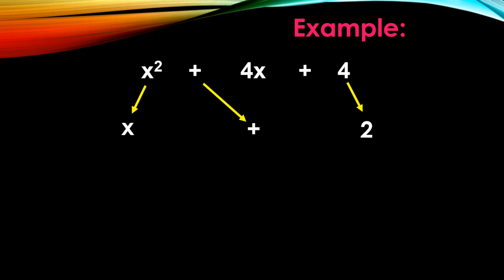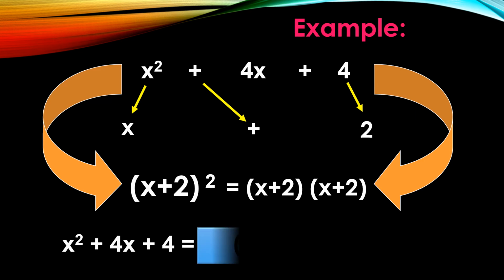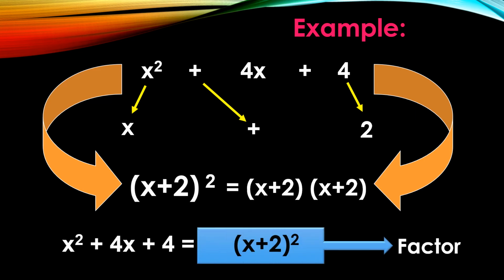And then, enclose in parentheses, then square. Okay, so quantity x plus 2 squared is the factored form of x squared plus 4x plus 4. Or you may write also that in a form of quantity x plus 2 times quantity x plus 2. But in your final answer, it should be written in this form.